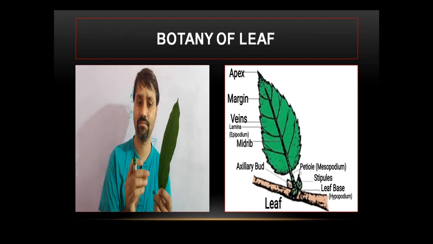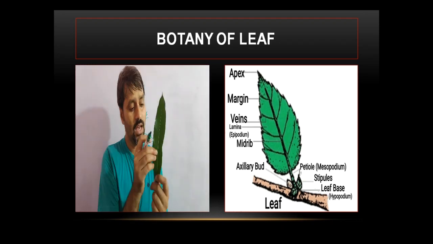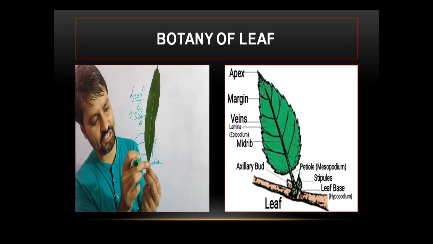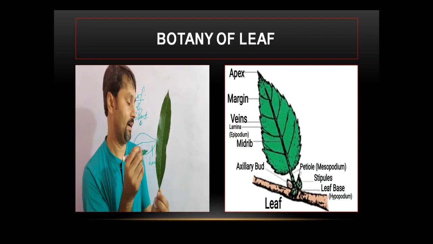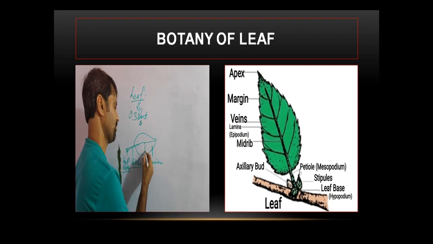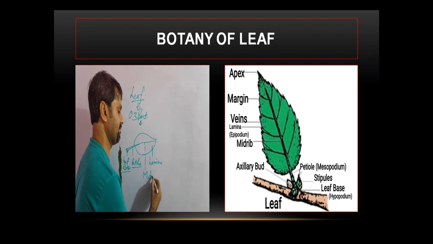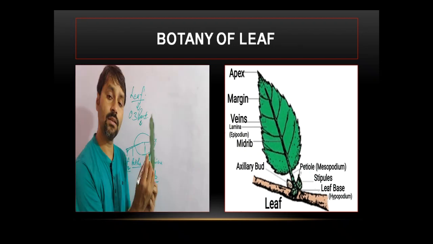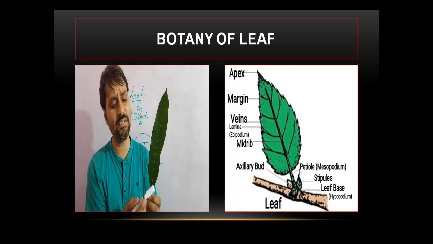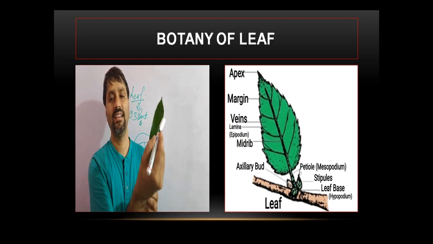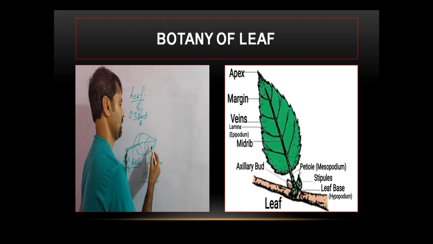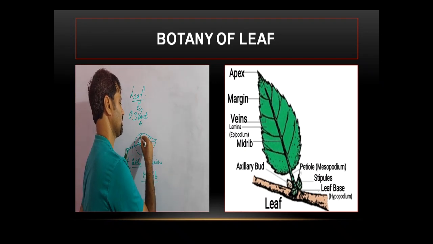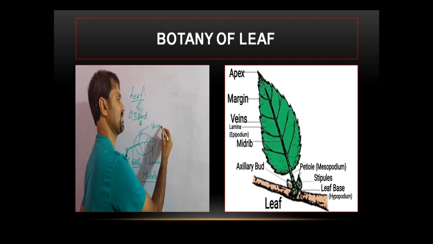Over the lamina, what is there? See here. You will see a main line-like structure which is traveling in the middle of the lamina. This is called the midrib. From the midrib arise many small structures, these are called veins.